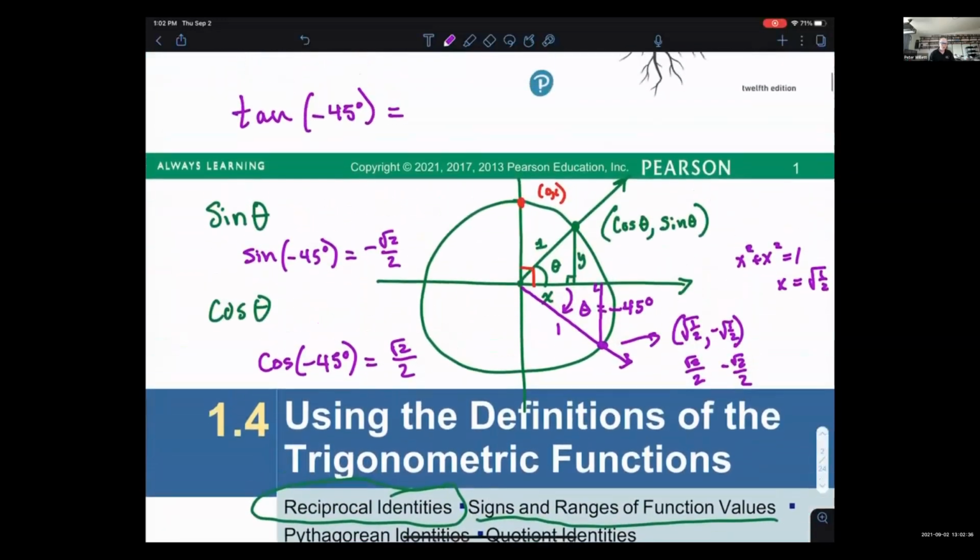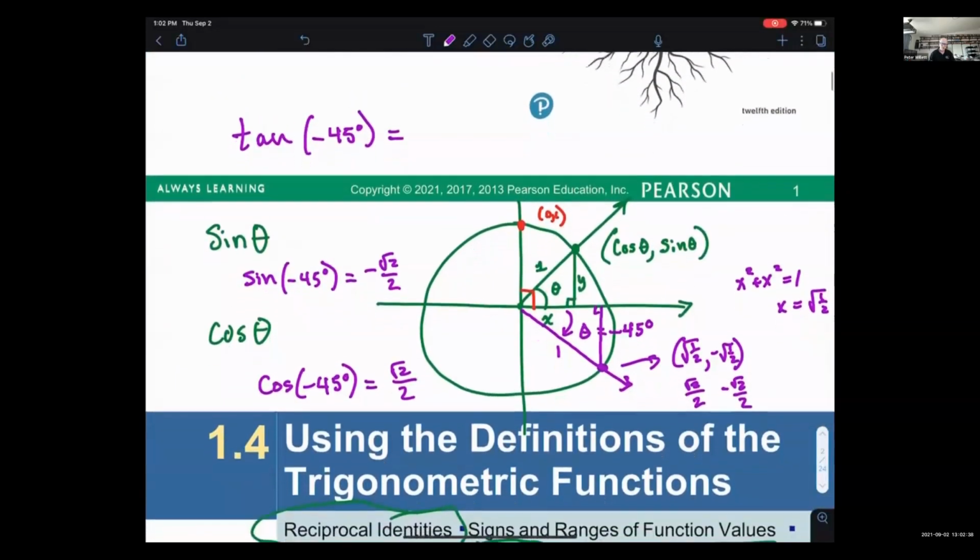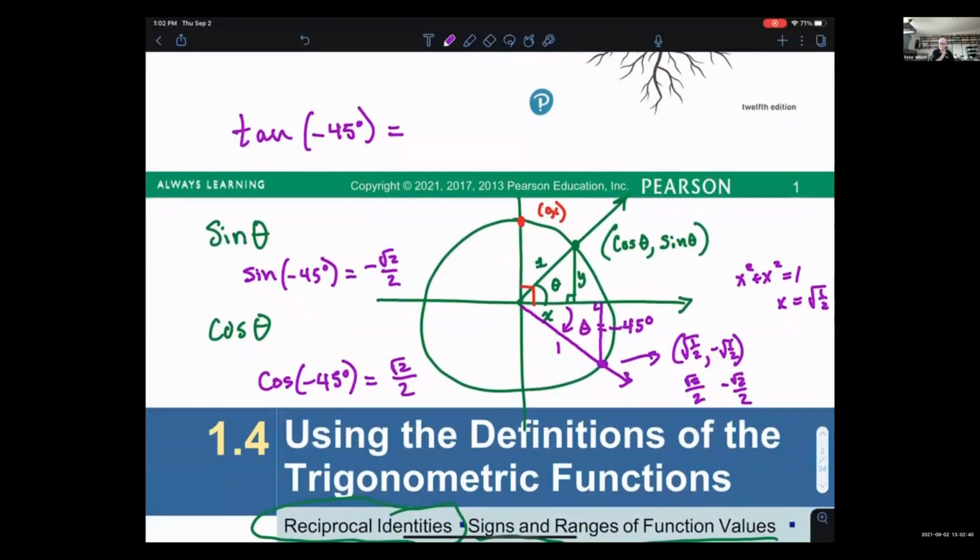It's also a button on your calculator, so you could check your answer on your calculator as well. But what this would be is sine of negative 45 degrees divided by cosine of negative 45 degrees. And we were able to figure out both of those.